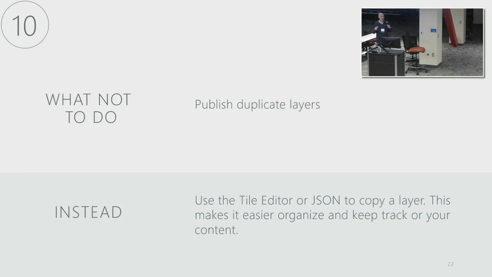Historically, we just had two different layers in the Arc Pro or Arc Map file, and that's how we did it. You don't have to do that. Within the editor or JSON, you can just copy that layer, and it's a lot easier than trying to keep track of extra layers in Arc Map or Arc Pro, because if you delete those or move those or change those, it will affect things. Sometimes it just won't even work.